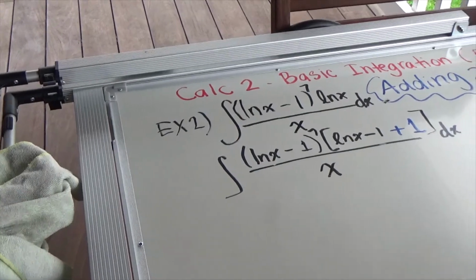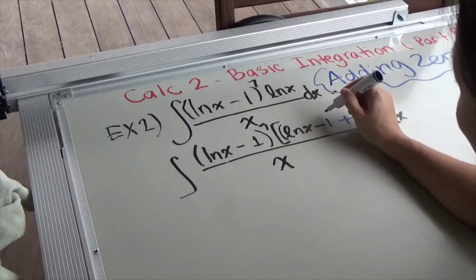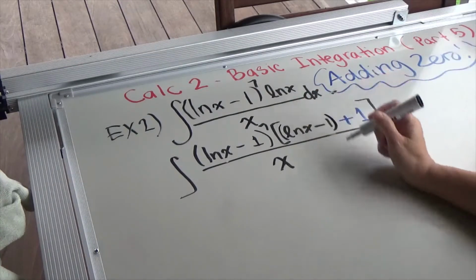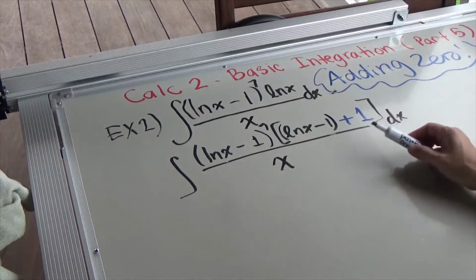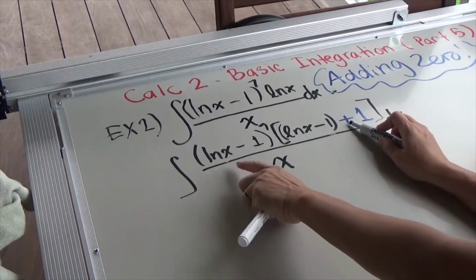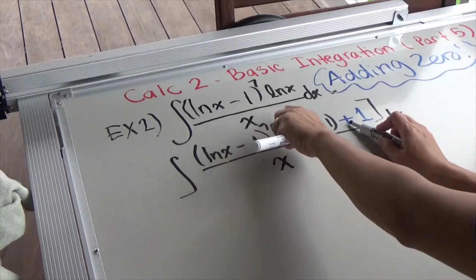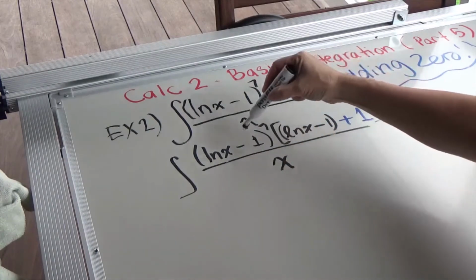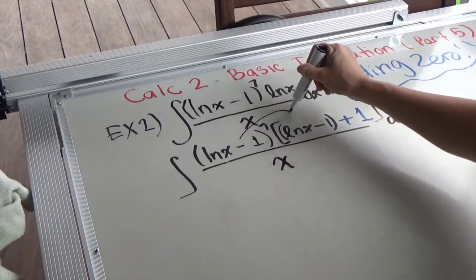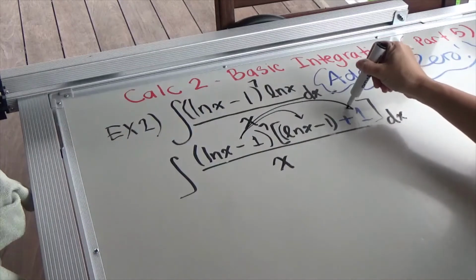Now, how does that help? It helps because if we think about this right here as ln of x minus 1, think of it as a sum where the plus sign right here is our connective between them. And I'm going to distribute this into here. I'm going to distribute this guy right here into here, and this guy into here.